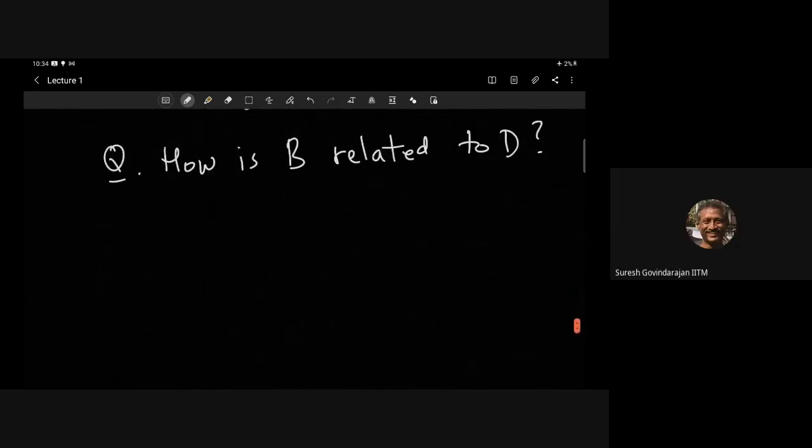Okay, so for this I need to do a little bit of work. So the acceleration for a vector, I can do it this way. The correct way to write it would be A1 E1 cap plus A2 E2 cap plus A3 E3 cap.